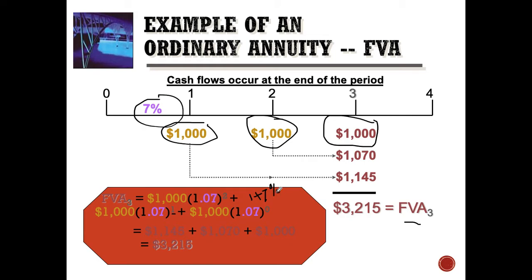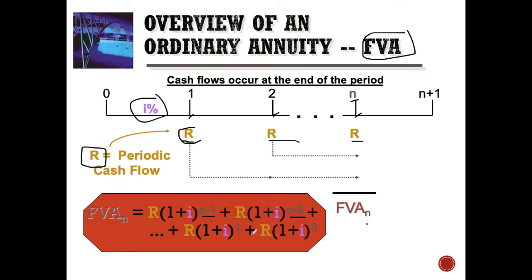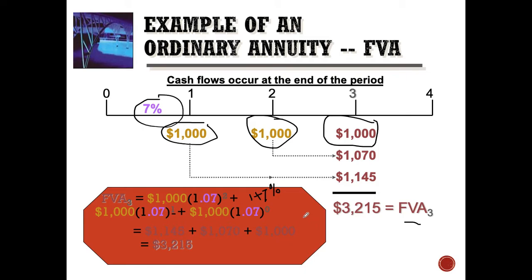Where 7% comes from is here. So 7% is 0.07, so 1 plus 0.07 is 1.07. The 0 is from here: R plus R multiplied by (1 plus i) to the power of 0. So the future value of 1,000 in year 3 is the same, 1,000.